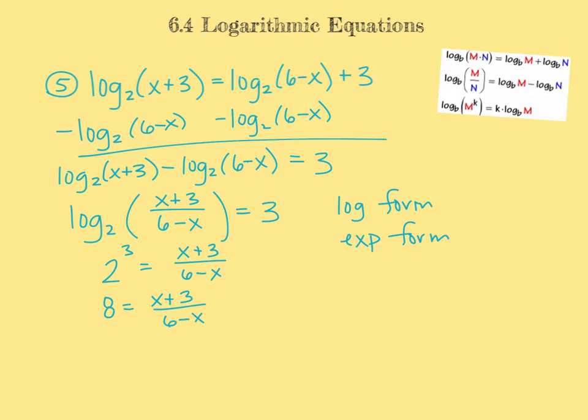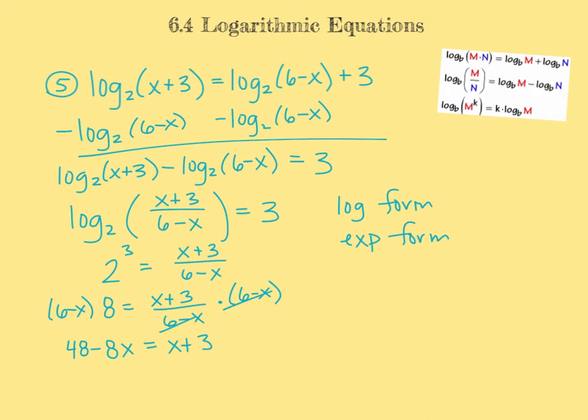To solve, you can think about this as 8 over 1 and cross multiply. What a lot of you do is just multiply anyway, so we'll multiply both sides by 6 minus x, which is the same thing essentially as cross multiplying. From here, I'm going to distribute the 8 through, so we'll have 48 minus 8x. These cancel, so we're left with equals x plus 3.